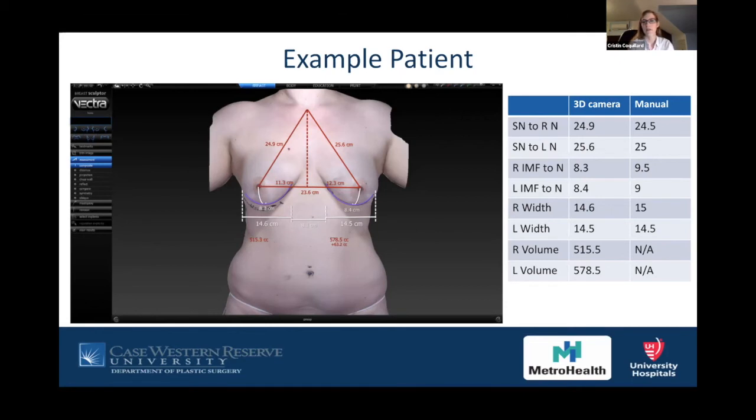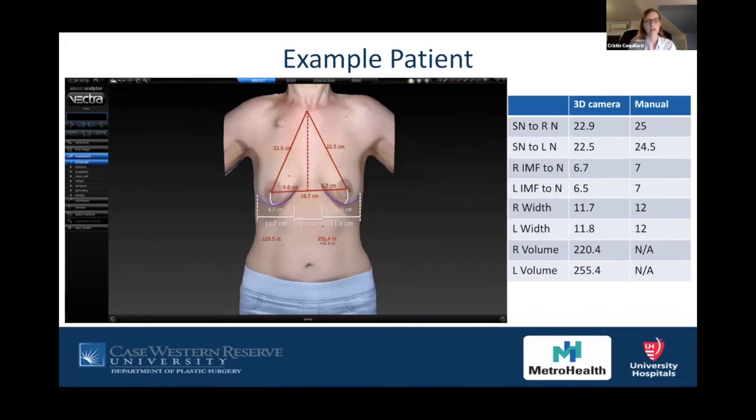And I have on the right here a table demonstrating the measurements taken on this particular patient with the 3D camera versus manual. And you can see we have pretty good measurements, particularly for sternal notch to nipple and the breast width. Of note, the software automatically calculates breast volume, but we did not calculate that in clinic.